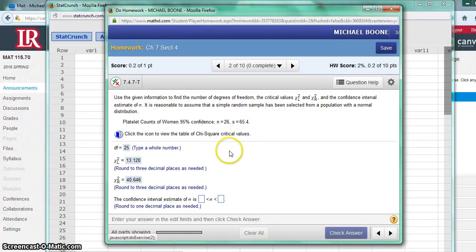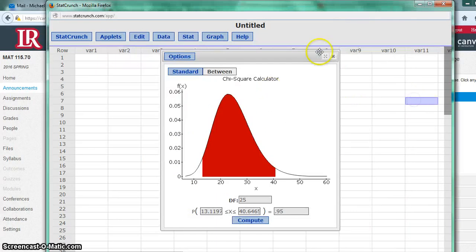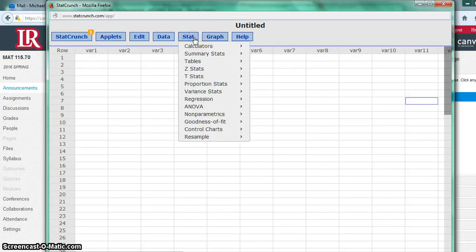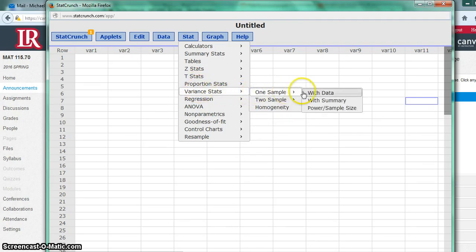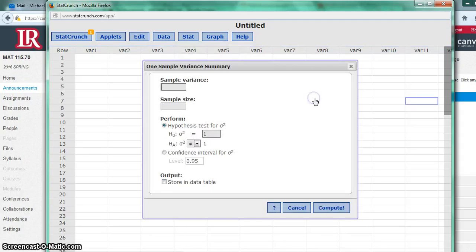When we're doing this one in StatCrunch, we have to be careful. We're doing variance stats. We've done proportion stats in 7.2, z-stat or t-stat in 7.3, and we'll do variance stat in 7.4. Again, we have a summary of the data. If we actually had the data, we would use data. Now it's asking for variance, but we weren't given variance.